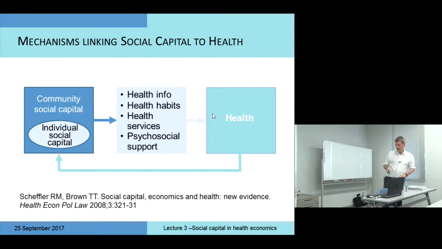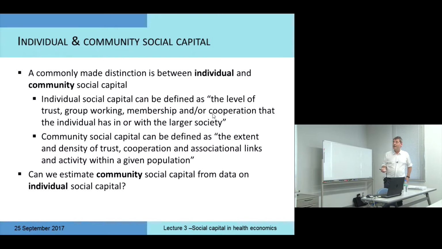And he was arguing, yes, there's an important relationship from social capital to health through these mechanisms, but there's likely then to be a move back from health into the social capital. And so this paper I'm now finishing with by Rocco is explicitly trying to test that. So let's see what they found.